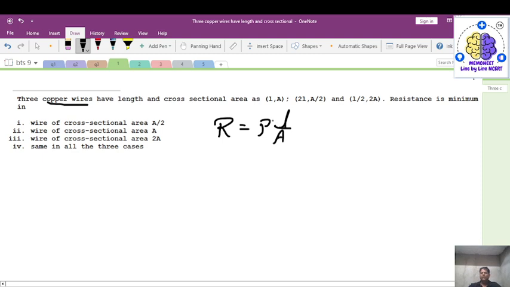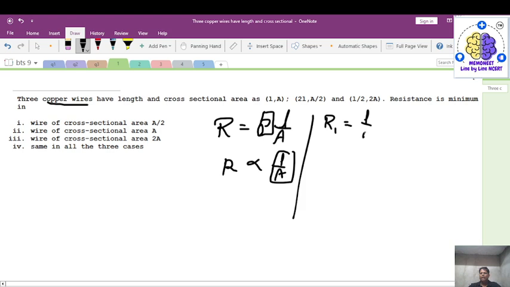So if rho is constant, then resistance will be proportional to the ratio of L by A, right? If we find the ratio, we will come to know that the wire with the lowest ratio of L by A will have the minimum resistance. So let R1 be equal to L by A, right?